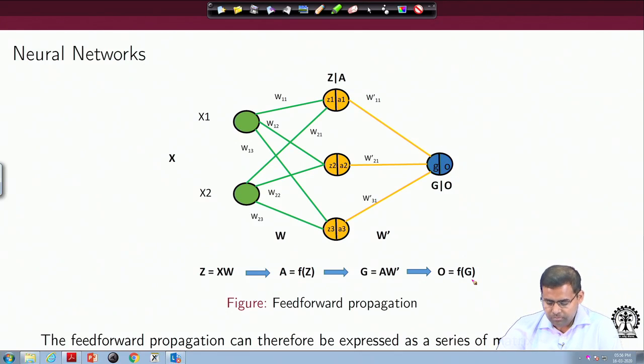To summarize, we have some input x with a linear transformation w followed by f, and then again a linear transformation w prime, and then again f, which gives me the output.